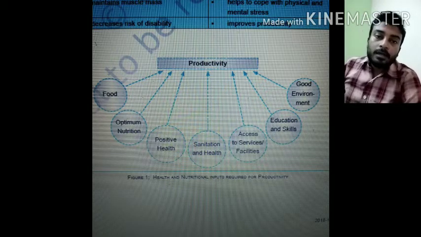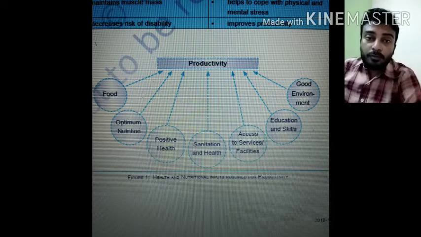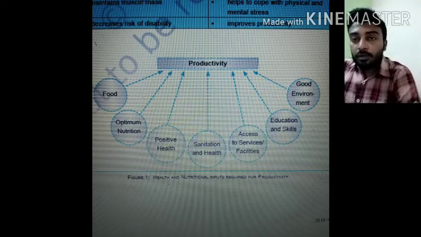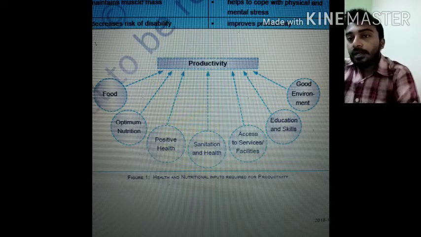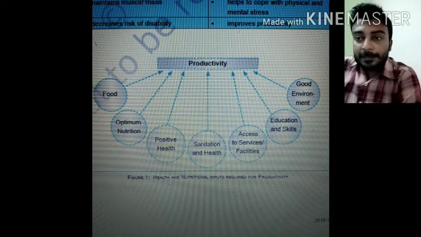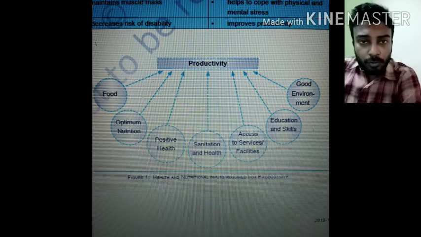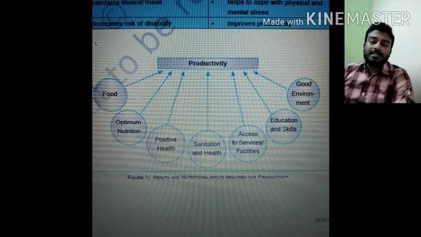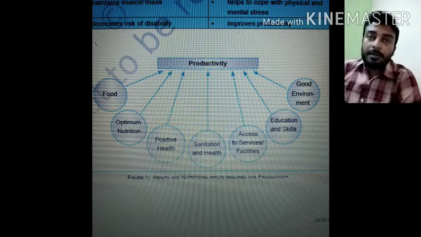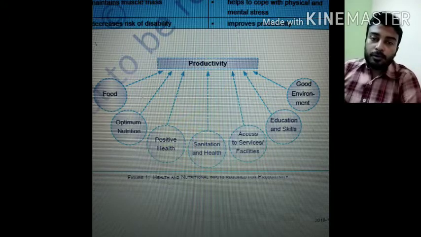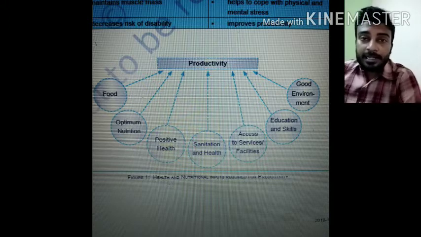You have to have that total nutrition in order to get the optimum nutrition. Now the third one is positive health. You all know that the health status should be positive. Your thinking, your behaviors, or your way of maintaining a daily healthy life also should be positive.